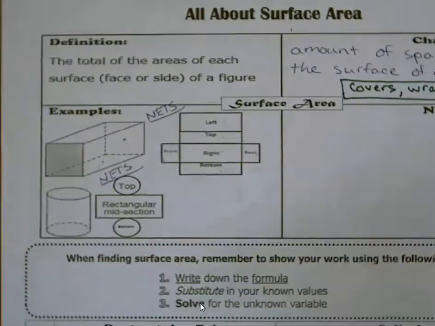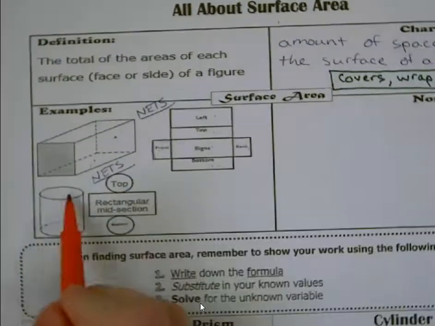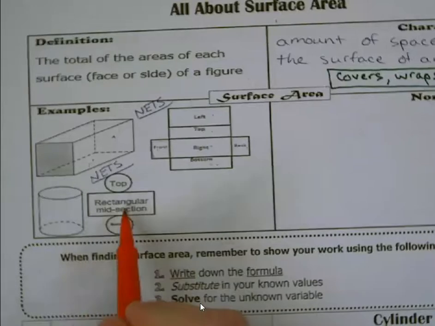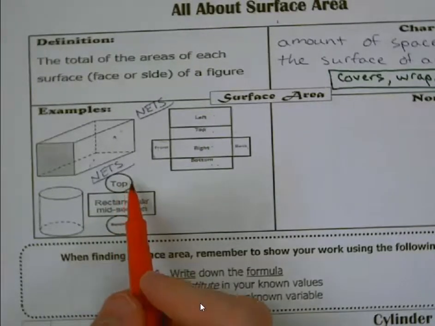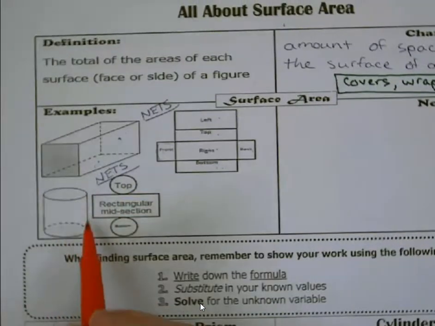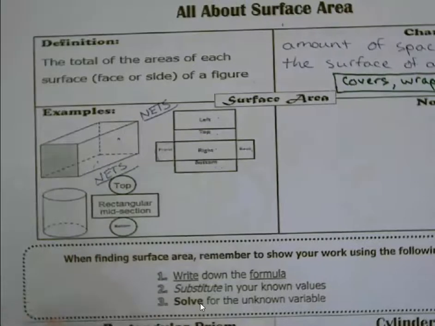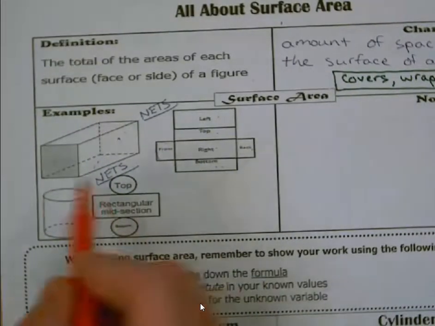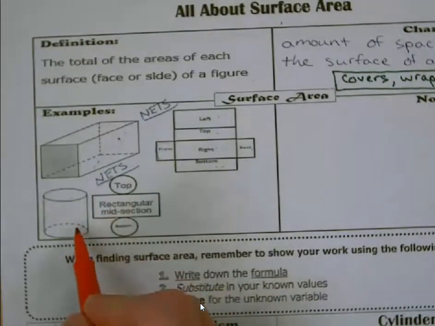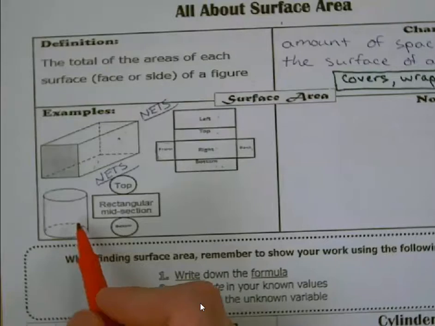Now for our cylinder, it's a little trickier. The easy ones to spot are the two circles that make up the top and the bottom of our cylinder. Now, this last midsection is a little trickier, but you can use a Coke can to think about it. If you think about cutting the top and bottom circles off of a Coke can, what would you be left with?